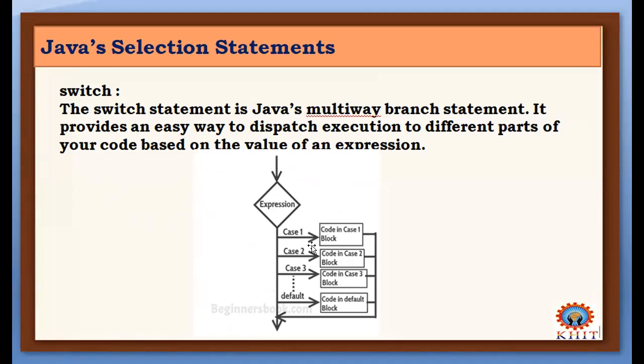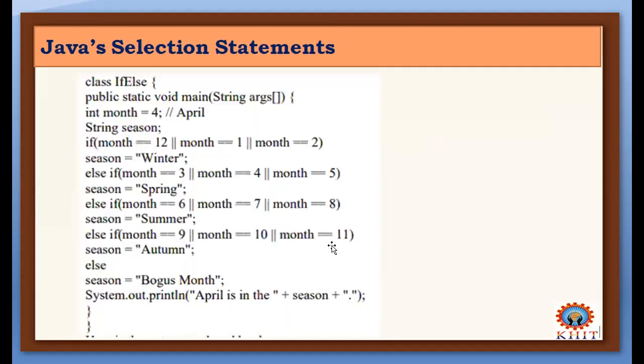It is the same thing, but with some different syntax. What happens in the switch statement is it is also a multi-way branching statement. First of all, it will check the expression. If that expression matches, then it matches with the concerned case. Case 1, case 2, case 3. If none of the cases match, then the default case will be executed. So that is what the switch statement refers to.